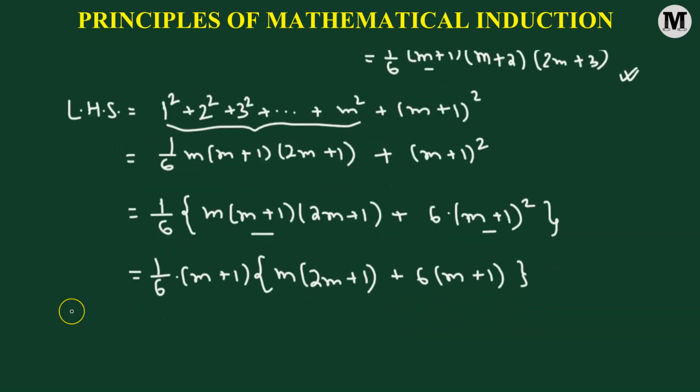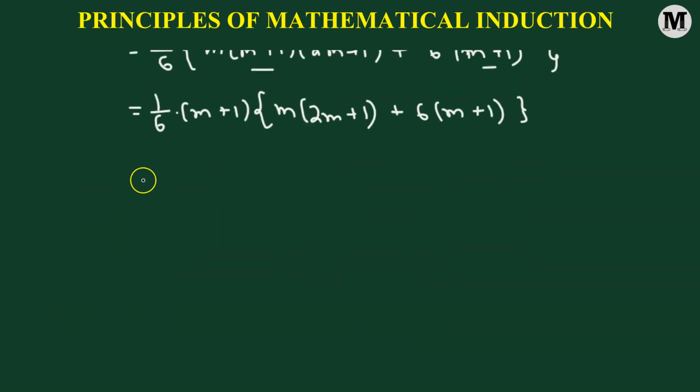Let's further simplify. Now we'll have 1 over 6 multiplied by (m+1), multiplied by m times (2m+1), so that's 2m squared plus m, added to 6 times (m+1), so that's 6m plus 6.